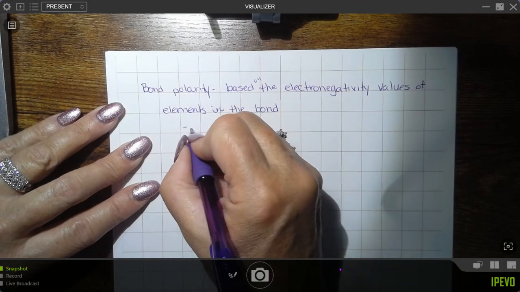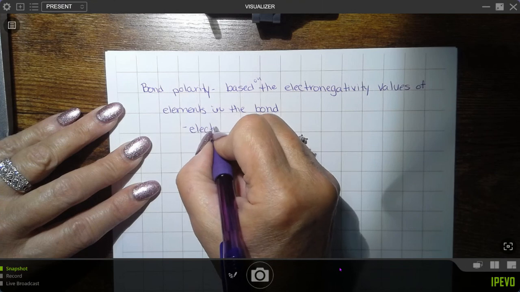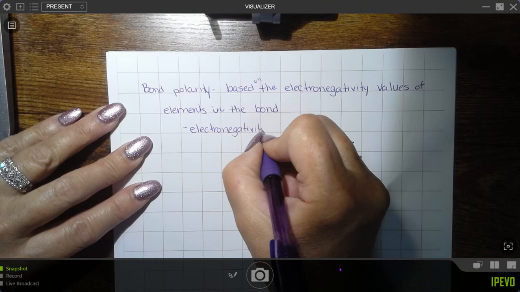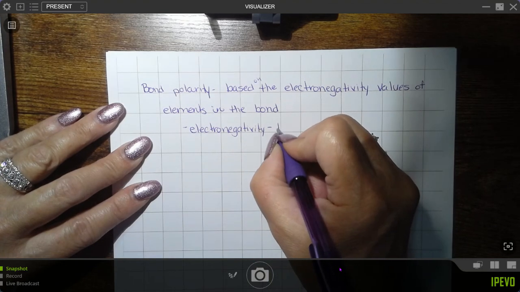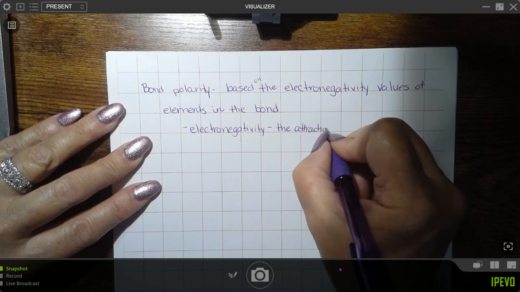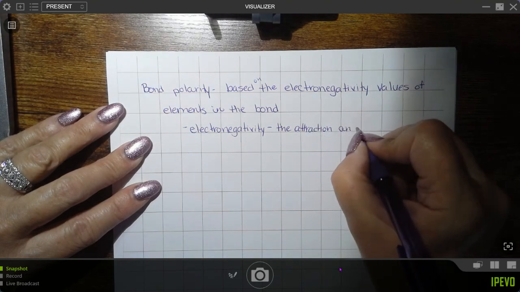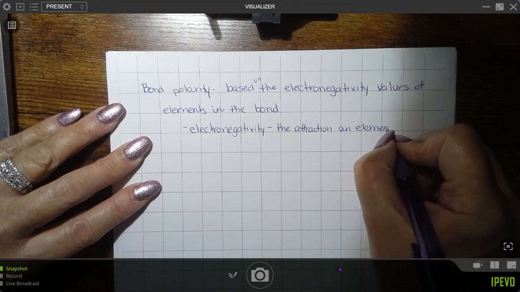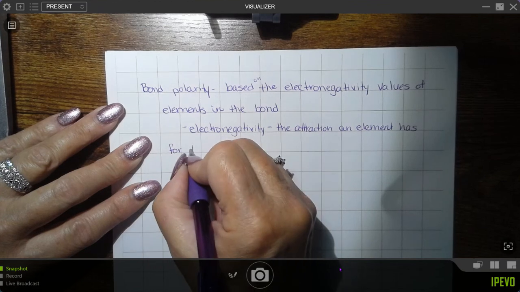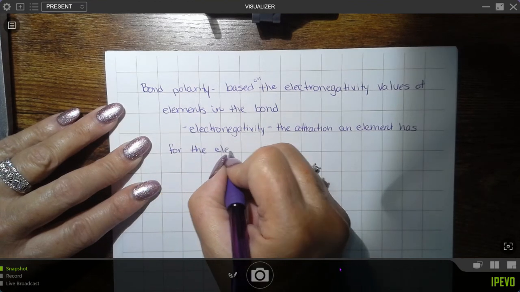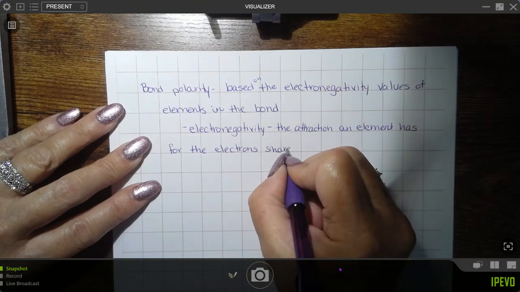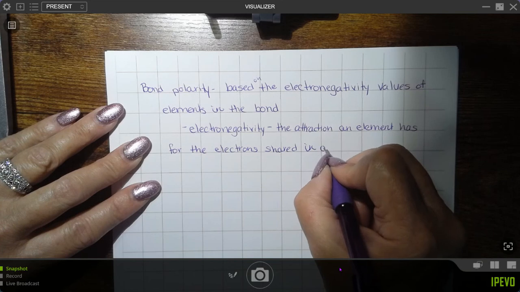Remember, electronegativity is defined as the attraction an element has for the electrons shared in a covalent bond.